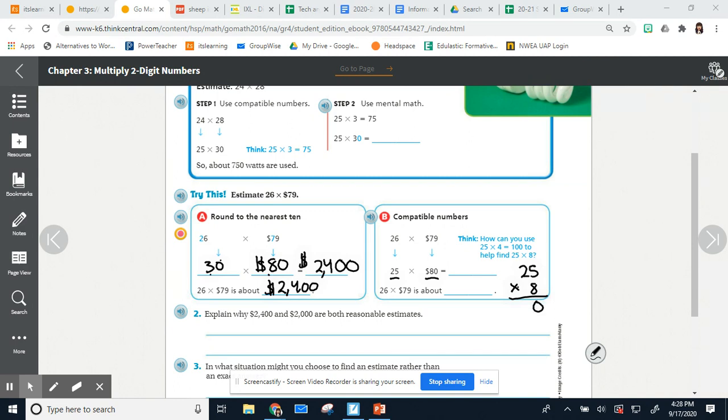So I'm going to drop my 0, add my 4. 8 times 2 is 16. 16 plus 4 more is 20. So that's 200. Okay, I'm going to write it over here so you can see it. 200. Okay, and then I still have to add my other 0. So that's actually going to be 2,000. So this will be about $2,000.